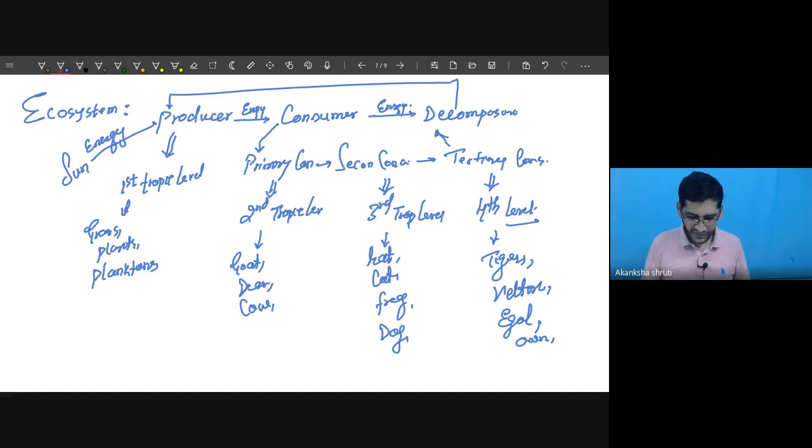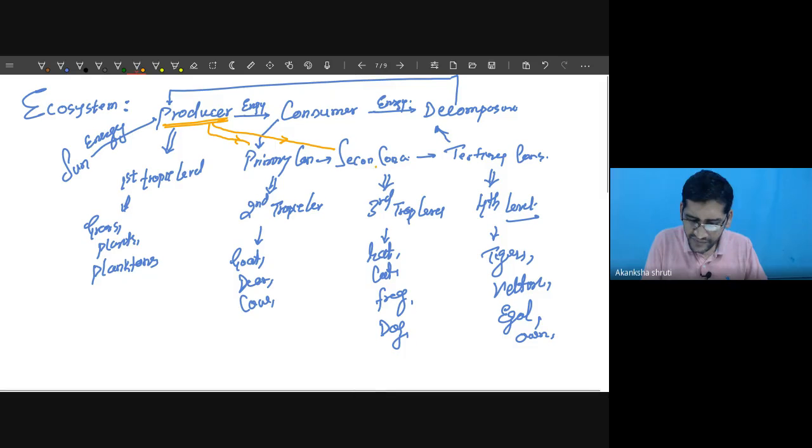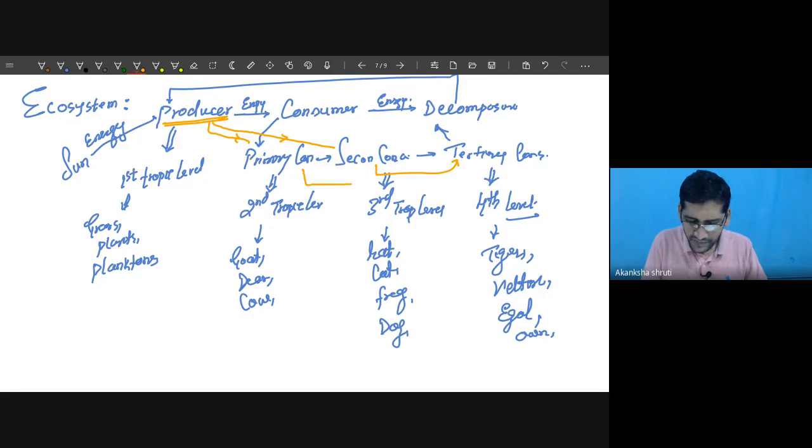So students, here we have noticed that this producer is always producing the food or energy for the next primary consumer, or whatever the producer produced may directly also go to the secondary. For the tertiary consumer, it can be from the secondary consumer or from the primary consumer.